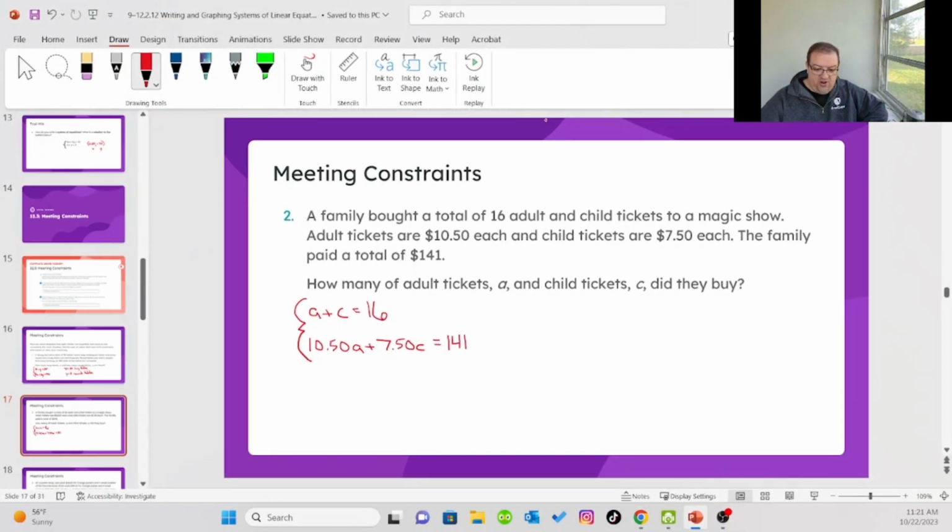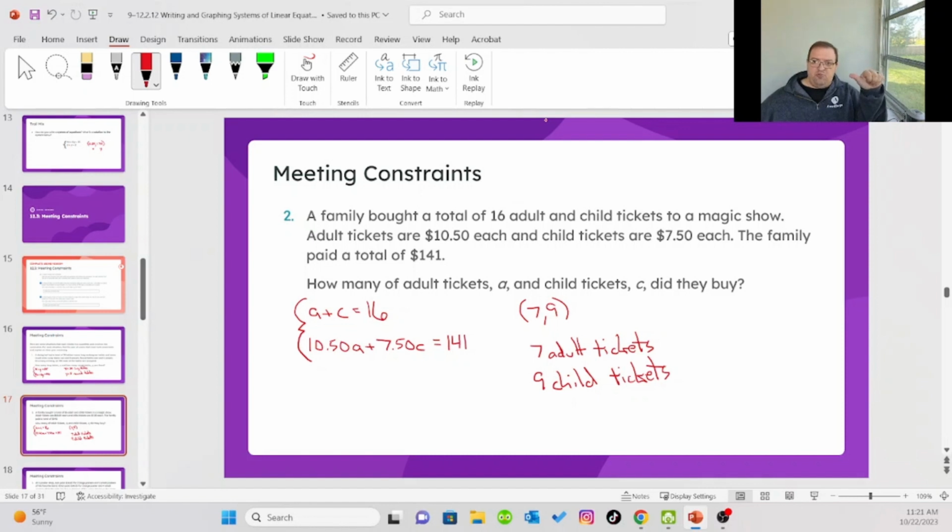So we would write our solution as 7, 9, which means 7 adult tickets and 9 child tickets. So again, make sure you know how to write the equations from the information that is given to you.